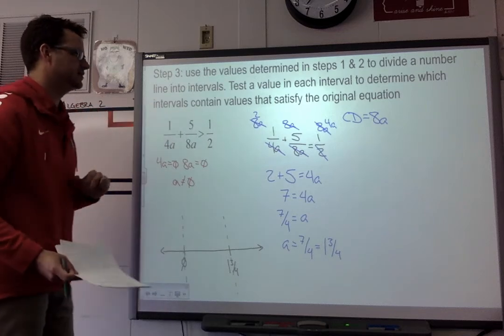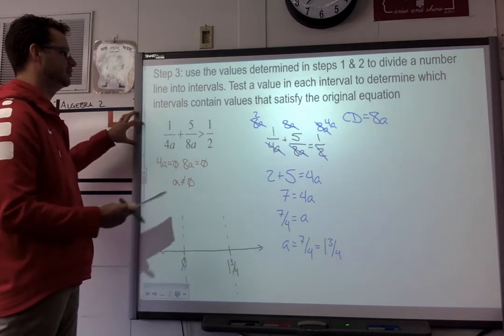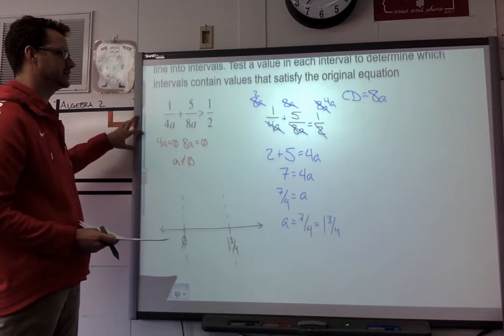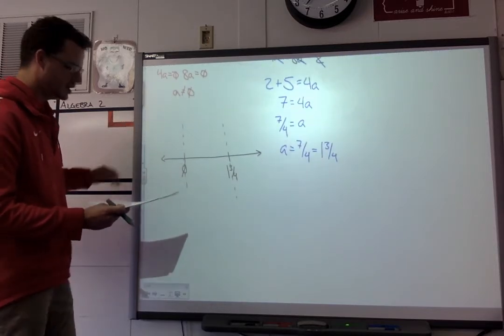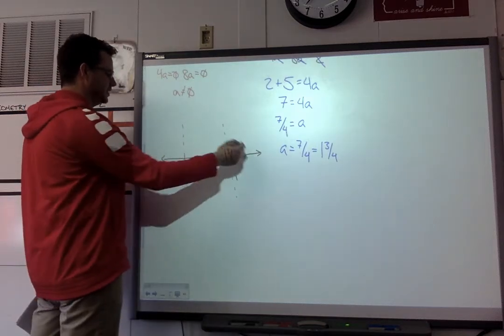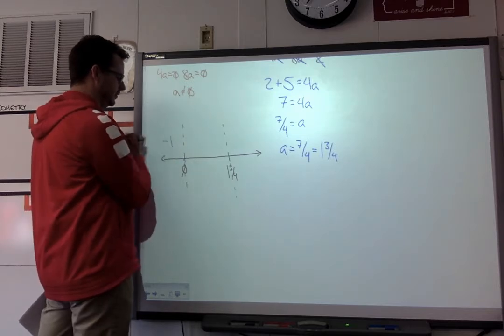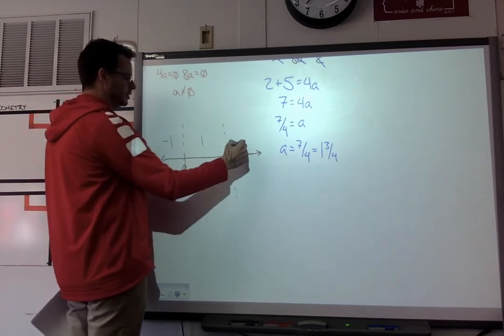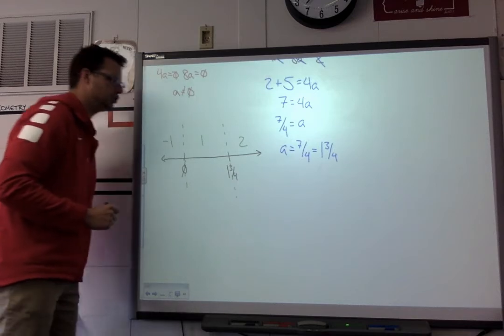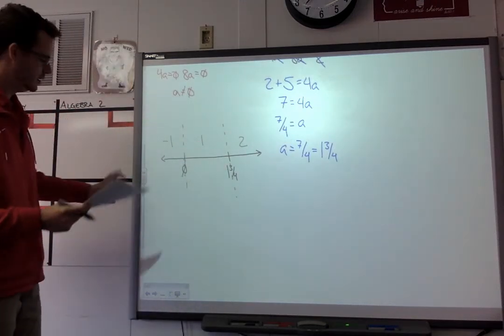Now we need to test a value in each interval to determine which intervals contain values that satisfy the original inequality. So I'm going to choose a whole number from each of these intervals. I'm going to test -1 on this side, 1 in the middle, and 2 on the right. We can't test a number that is right on the line.